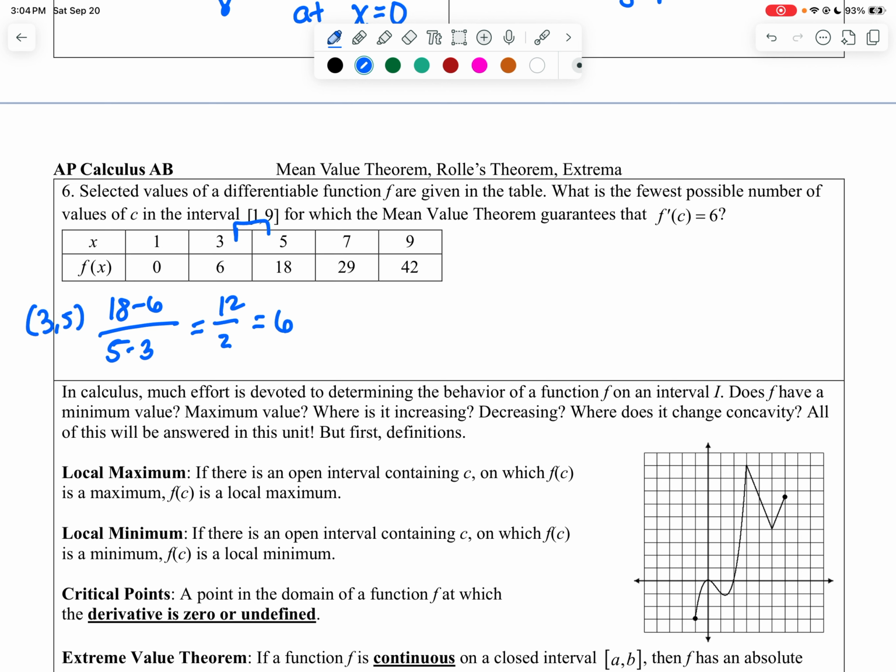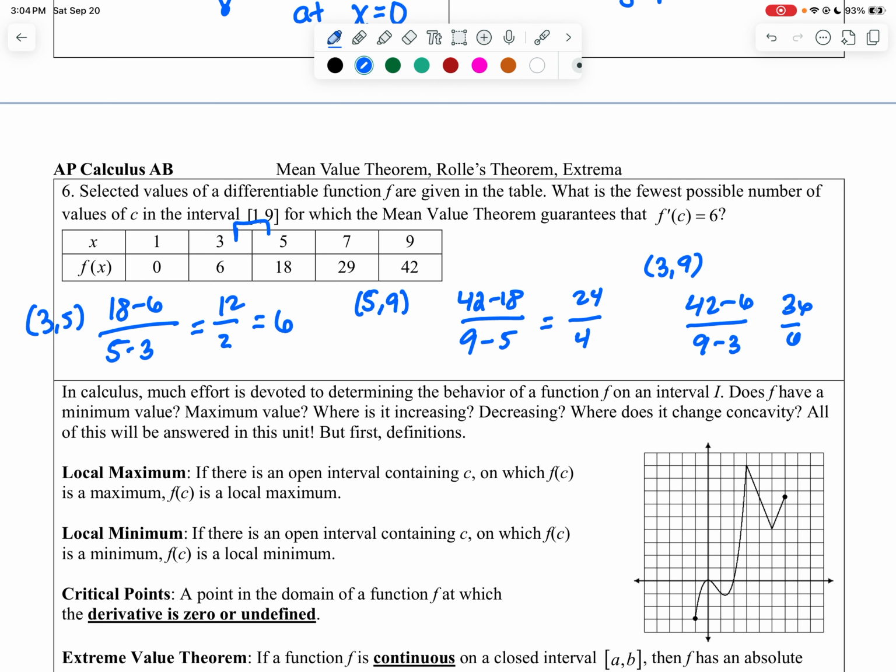We also have 5 to 9. 42 minus 18, over 9 minus 5, 24 over 4, so that's 6. And then we also have 3 to 9. So 42 minus 6, over 9 minus 3, 36 over 6. And all of them will give you 6.